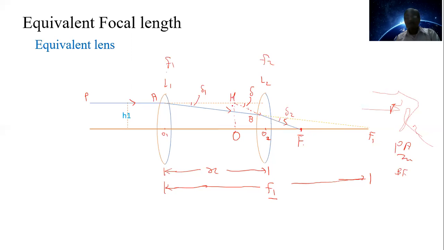In the same way, if the lens is kept at the position HO, it will have the focus point F, and therefore OF represents the equivalent focal length. Now see, the deviation produced by the first lens is delta 1. The deviation produced by the second lens is delta 2. And therefore, the total deviation can be written as here.